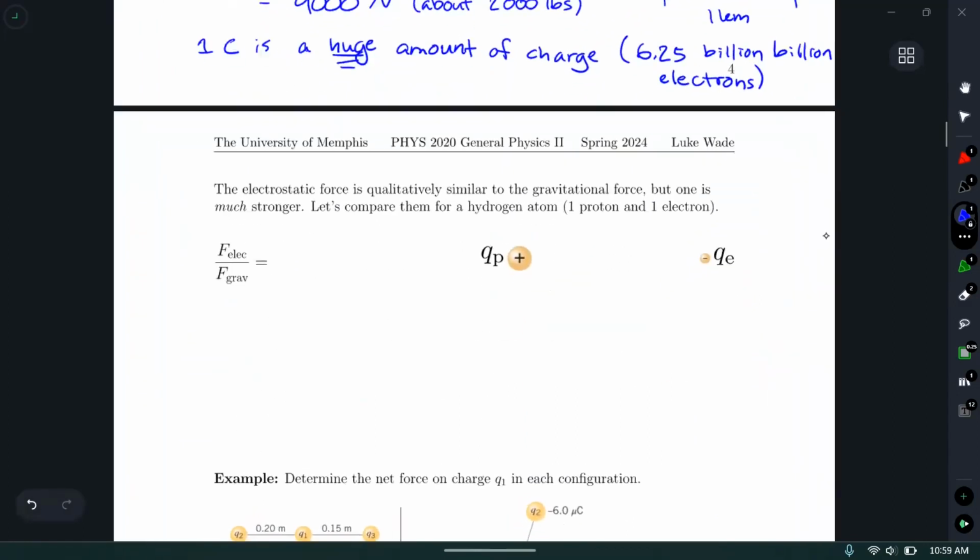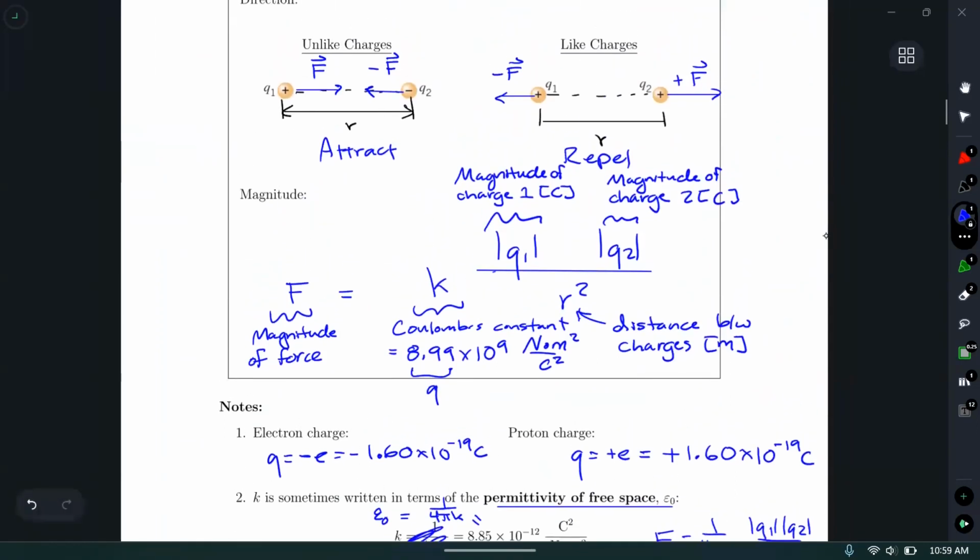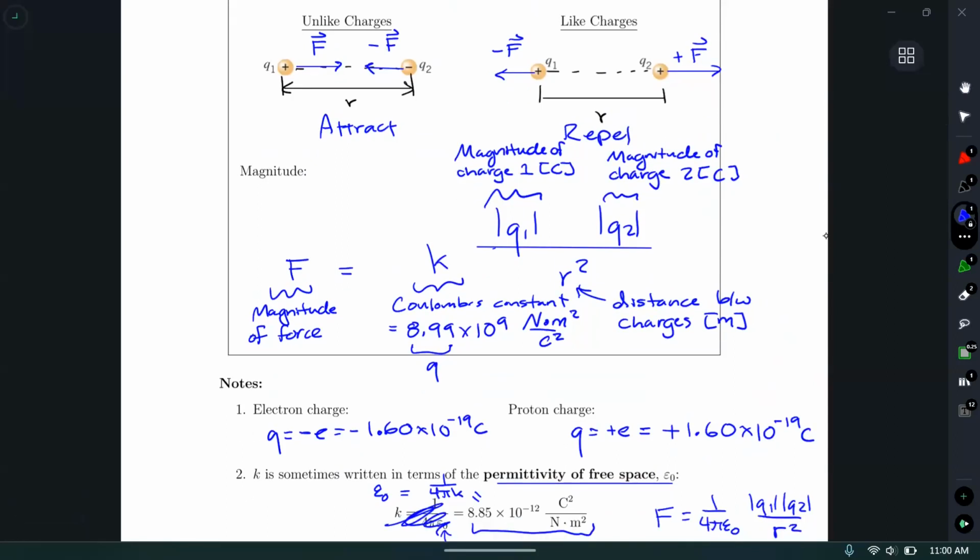All right. Have you noticed, looking at Coulomb's law, that it looks familiar? Hopefully so. Is it the gravitational? Yeah. I think it's just the gravitational equation. Yeah, law of universal gravitation, Newton's law of gravitation, lots of different names.